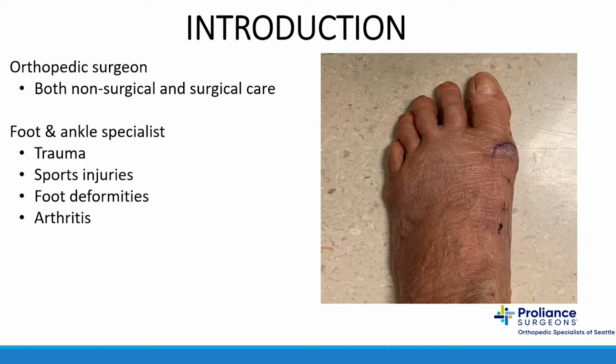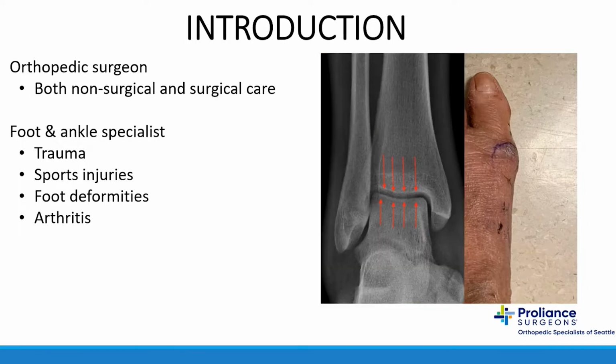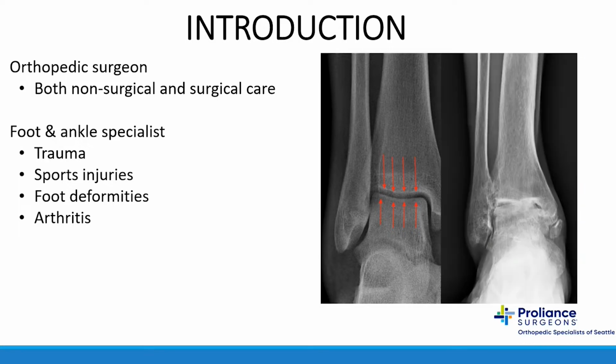Also, a big part of foot and ankle care is treating foot and ankle arthritis. There's a lot of small joints in the foot, and all of them, unfortunately, can develop arthritis. This next slide will show you what a healthy ankle looks like. Those arrows are pointing towards the joint space, which is filled with cartilage, in a healthy ankle on the left side. And on the right side, you can see that space is almost gone.